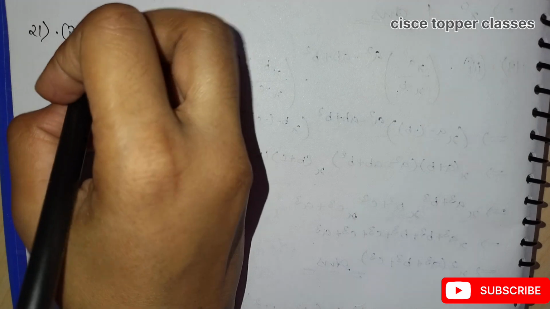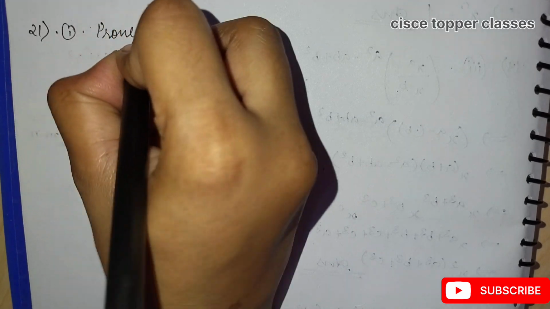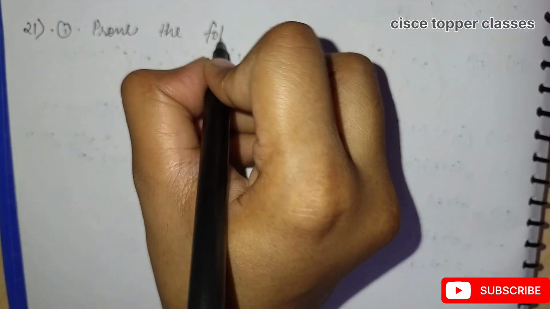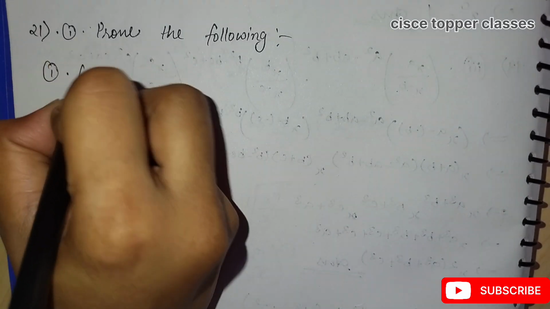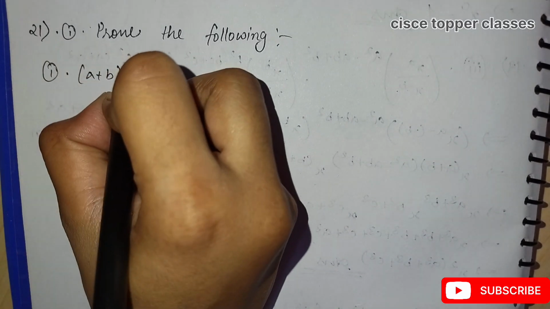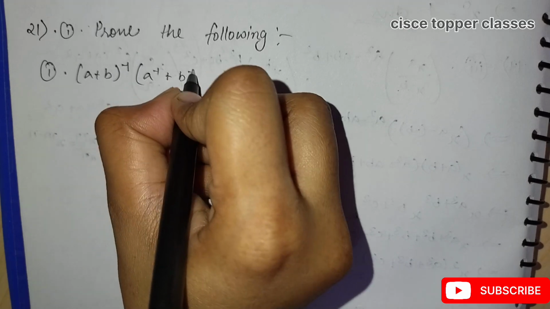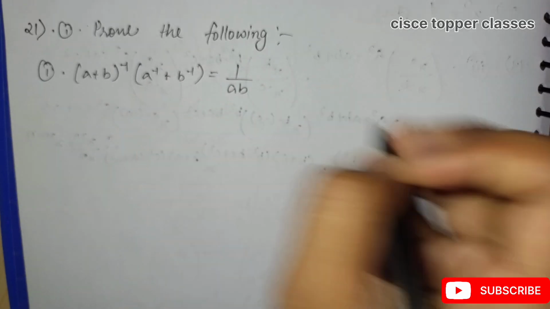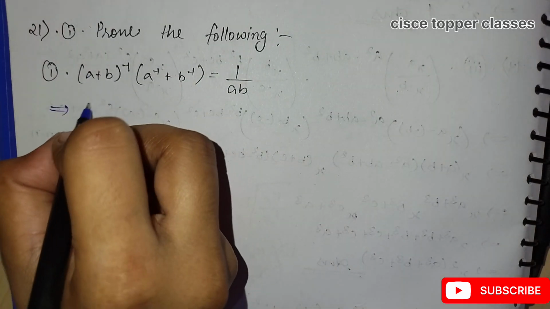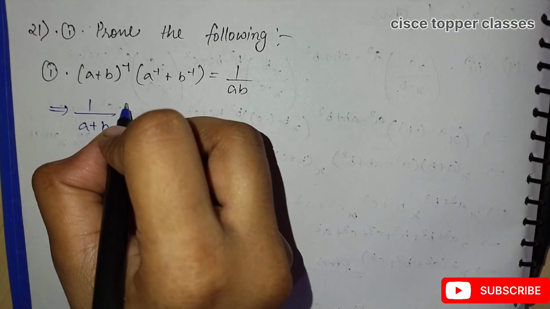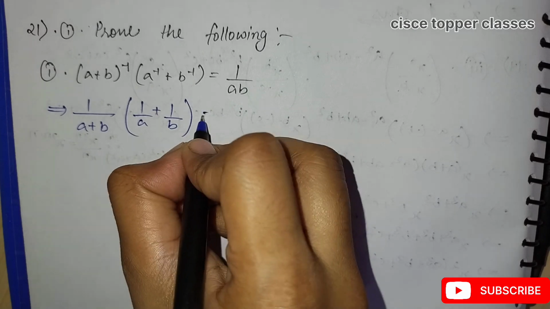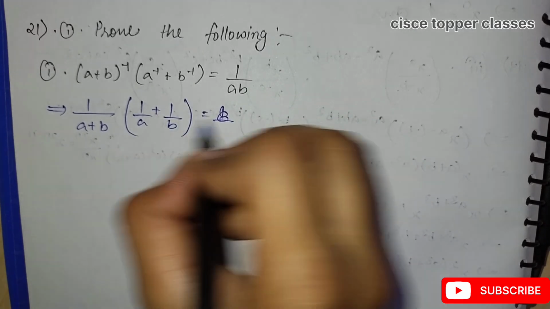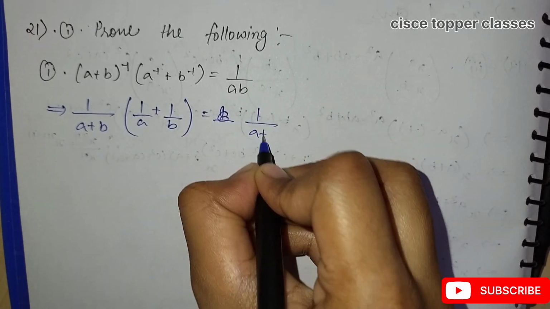Now let us solve 21st first part, which we have to prove here. To prove the following: the first part in this question is a plus b whole inverse, and here a inverse plus b inverse is equal to 1 by ab. We have to prove here. So simply we can write this as 1 by a plus b, here as 1 by a plus 1 by b, equal to, on simplifying this part, we will get 1 by a plus b.